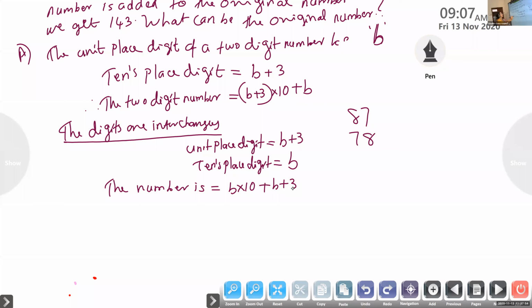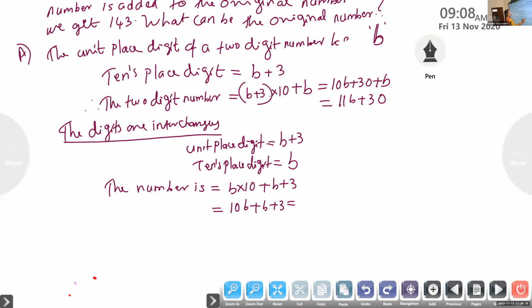The original number, B plus 3 into 10 plus B, we can write as 10B plus 30 plus B, and it is equal to 11B plus 30. Here also, 10B plus B plus 3, so it is 11B plus 3. Up to this, all of you understood?